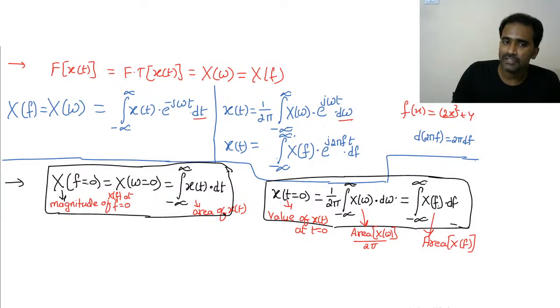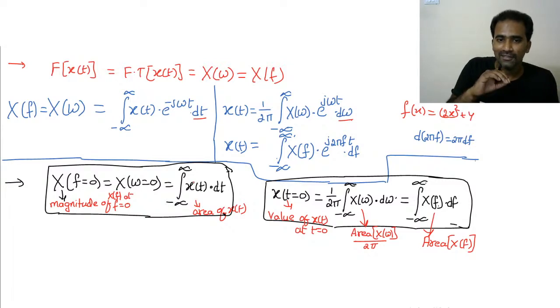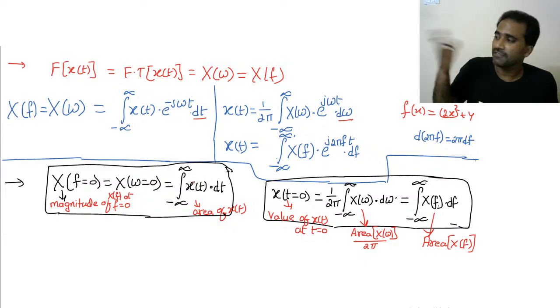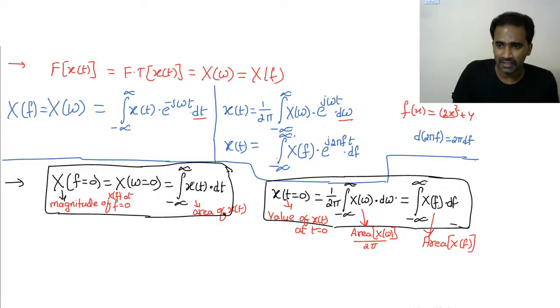Value at 0 in frequency domain is equal to area in time. I hope you are observing the dual nature here. We'll take some problems and understand it better as we go further.